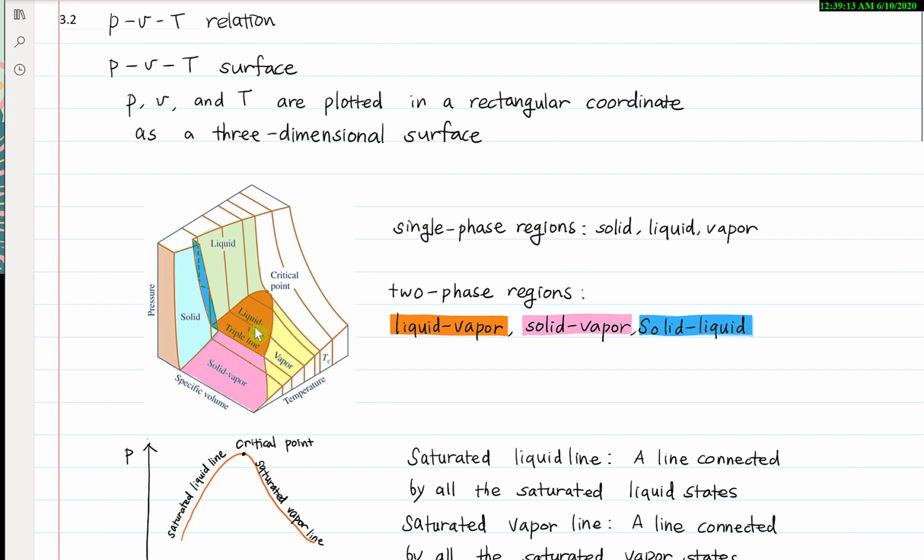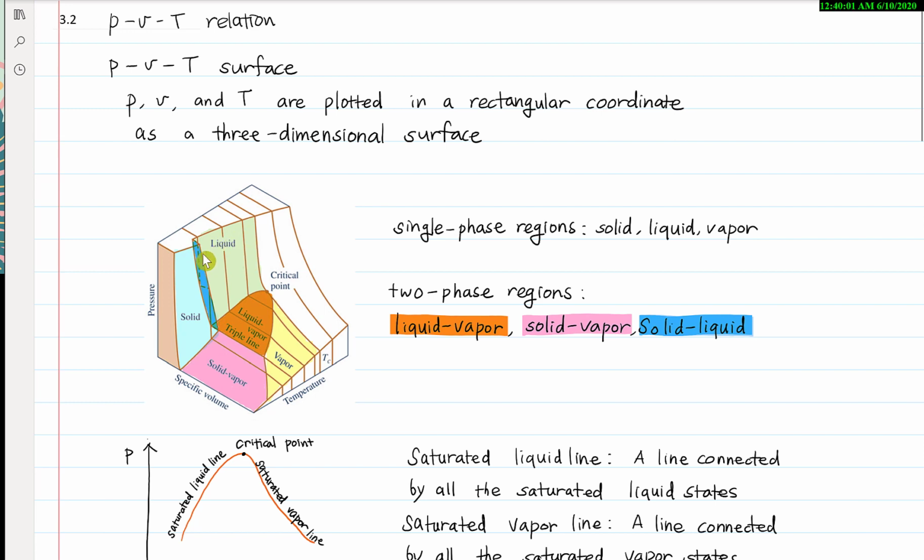Two-phase regions are located in between the single-phase regions. So solid-vapor region in pink, between solid and vapor. Liquid-vapor region in orange, between liquid and vapor. And solid-liquid region in dark blue, between solid and liquid.